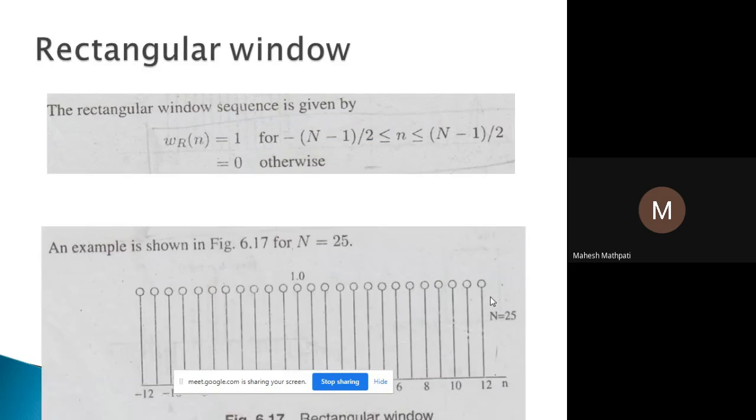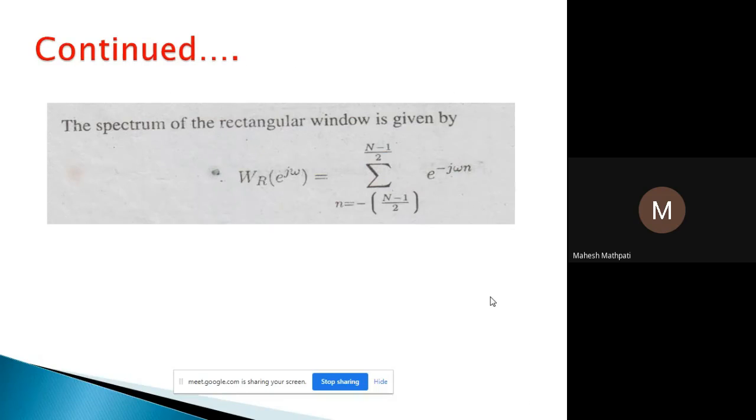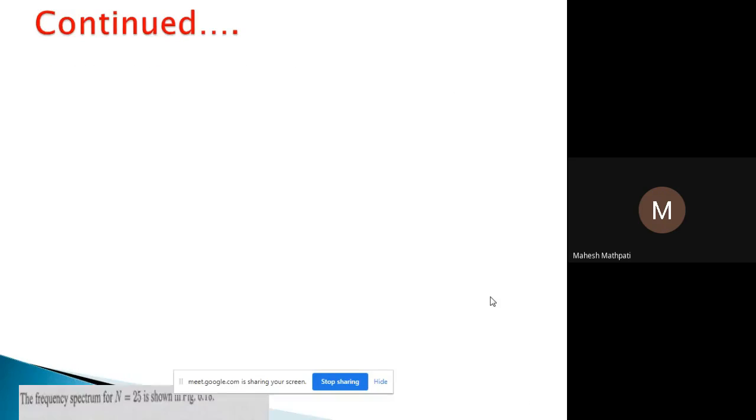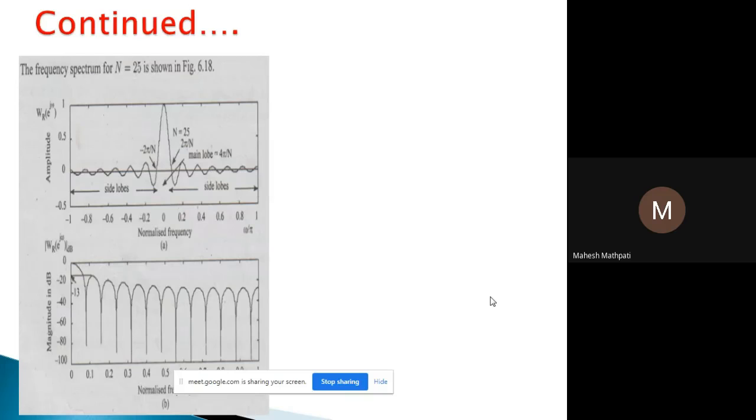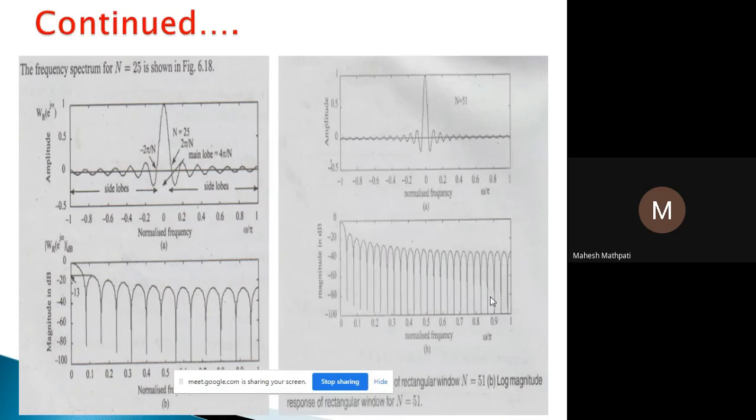Then its graphical representation, then its spectrum function, then the frequency response for the window function. This is the frequency response of the window function at N equals 25, and this is the magnitude response at N equals 25, and this is at N equals 51, the magnitude response.